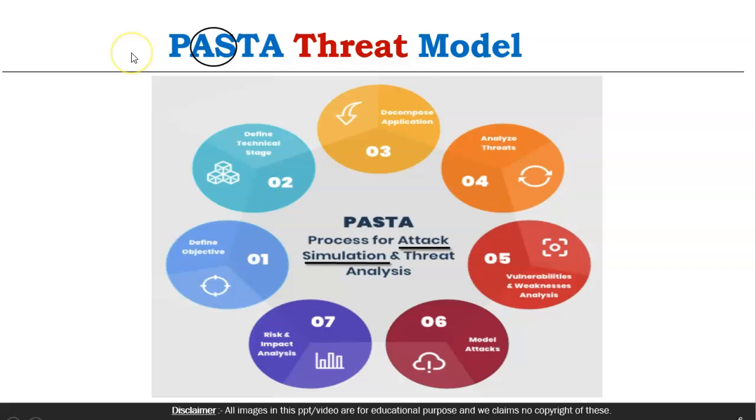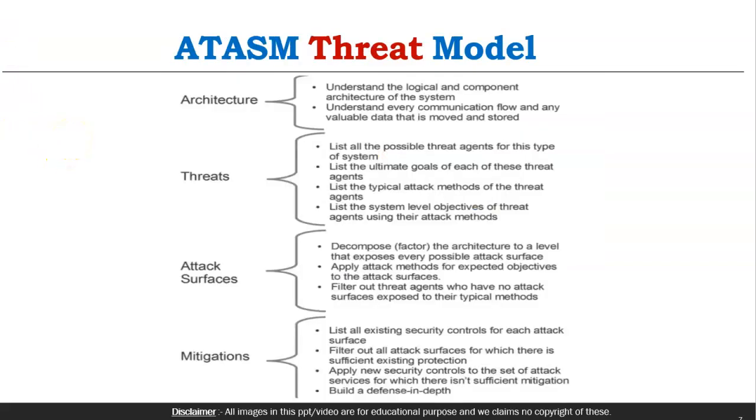Remember this, because normally they don't ask what PASTA's full form is, but sometimes if multiple models are there, and you remember what the common abbreviation keywords mean, it will help to resolve the questions. So PASTA stands for process for attack simulation and threat analysis, and AS is important because the other model, which is ATASM, also has an AS. In PASTA it is attack simulation.